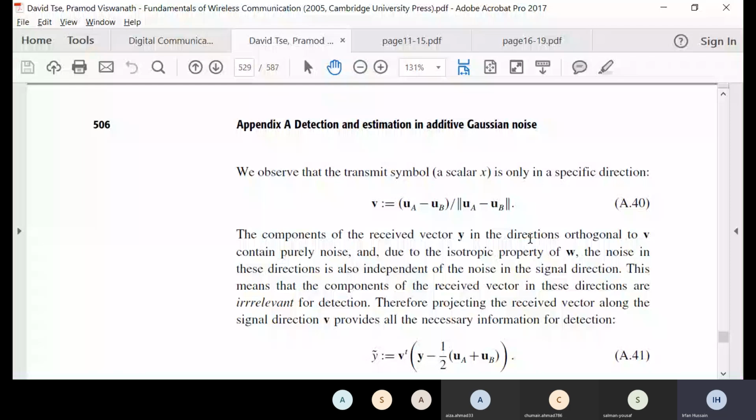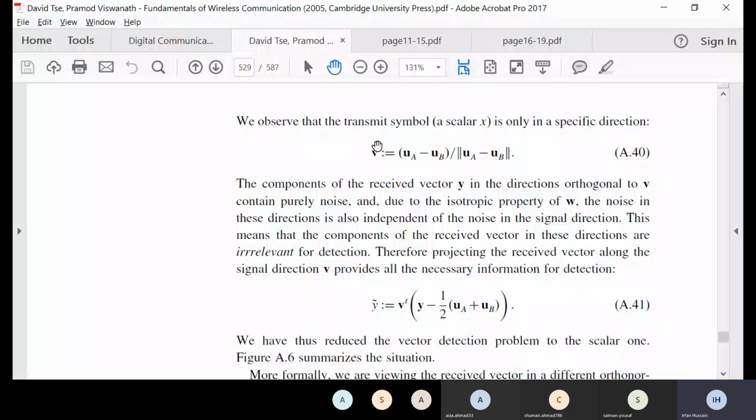So this shows us that the components of the received vector in these directions are irrelevant for detection, because the whole signal is present only in the V direction. The rest of the directions do not contain the signal, because the signal is only present in V. All the others are not important. So we just project the received signal onto this direction V and do our detection with respect to this variable.